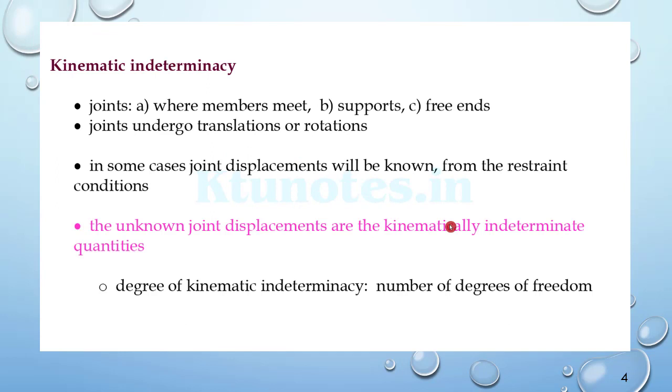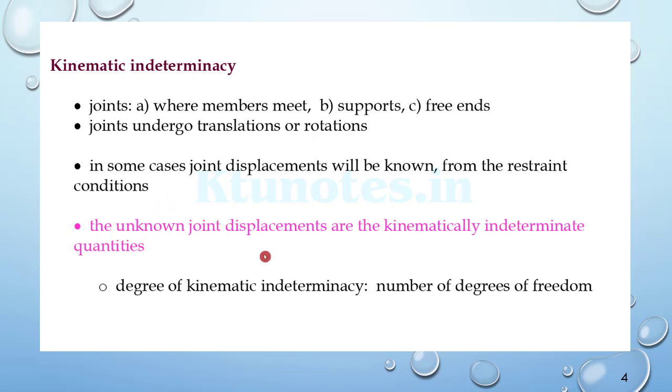So the kinematic indeterminacy can happen at joints where the members meet. It can be at the supports and also at the free end, and also at joints that undergo translations and rotations. In some cases, rarely, the displacements will be known to you from the restraint condition, like when a hinge is there, then the total displacement is equal to 0.